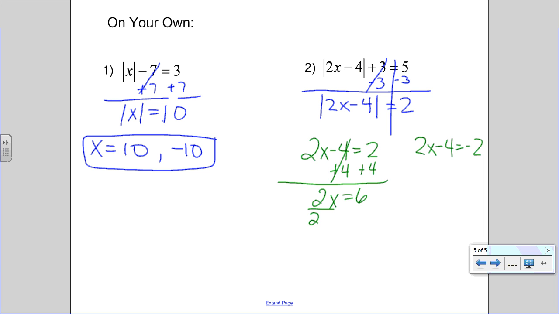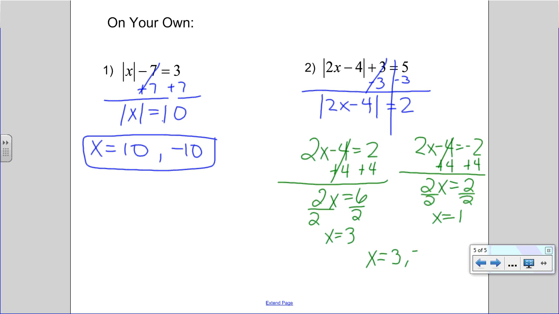And then divide by 2. Have x is equal to 3. And we get 2x is equal to negative 2 plus 4 is 2. Divide by 2. And we get x is equal to 1. So x can equal 3 or x can equal 1.